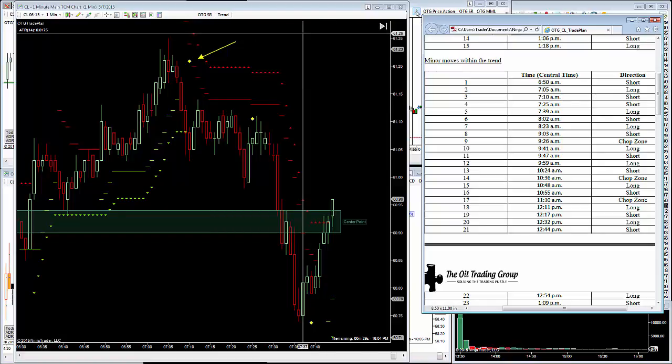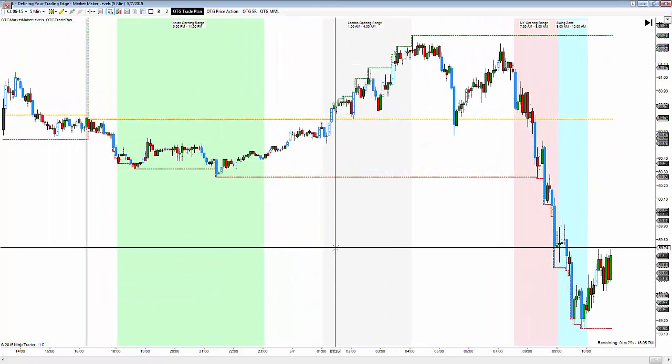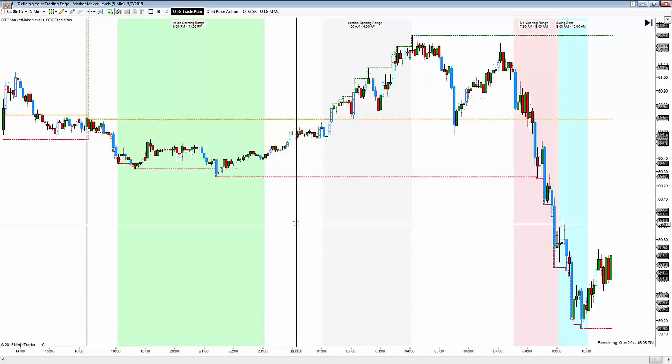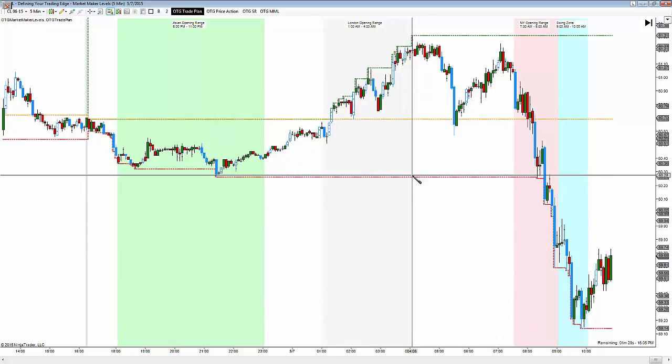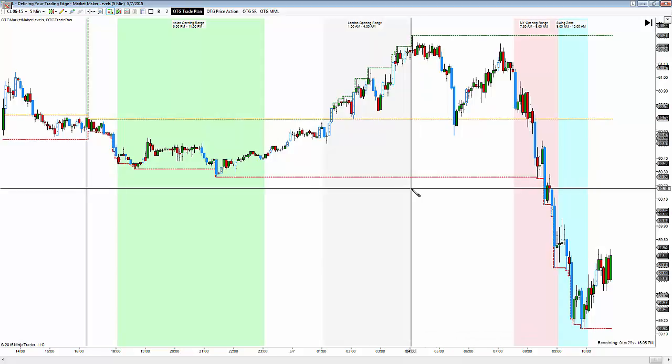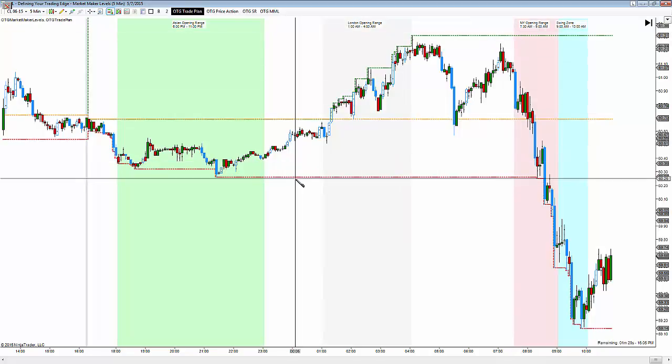Let's take a look at your 5-minute chart. One of the ideas we look at is called our 70.5 retracement level. There is a really reliable 70.5 that occurs on most days between 4 a.m. and 7:30 a.m. Central Time. What I want you to do is grab this low.